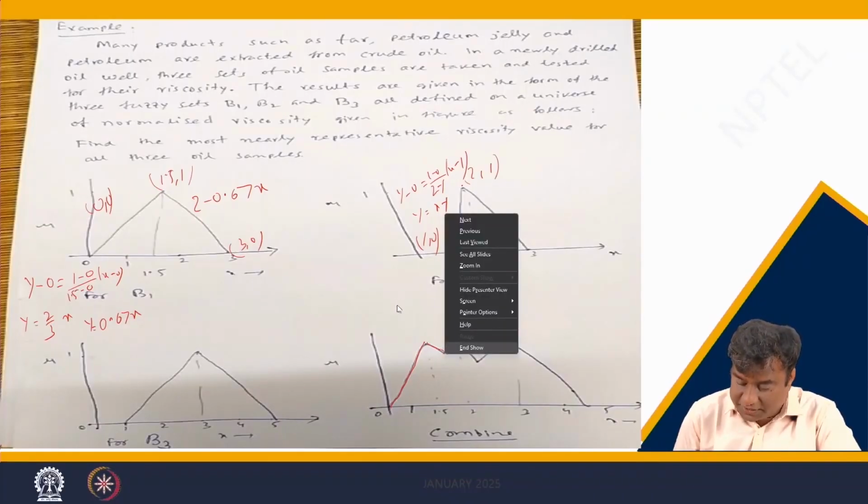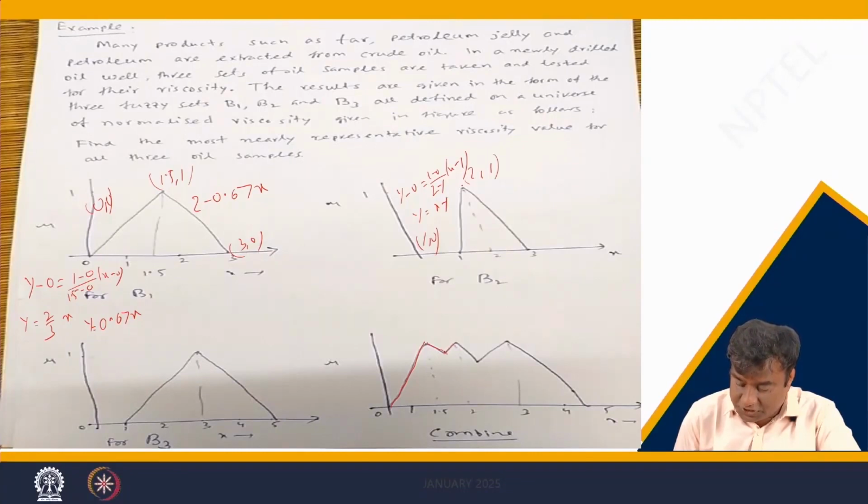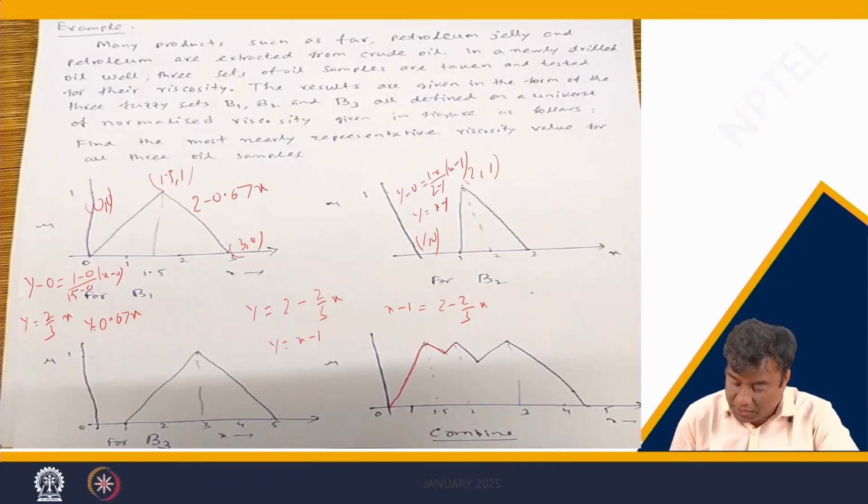It is the intersection of the straight lines y equal to 2 minus 2 by 3 x and y equal to x minus 1. If you solve it, x minus 1 equals 2 minus 2 by 3 x. Adding, you will get 5 by 3 x.